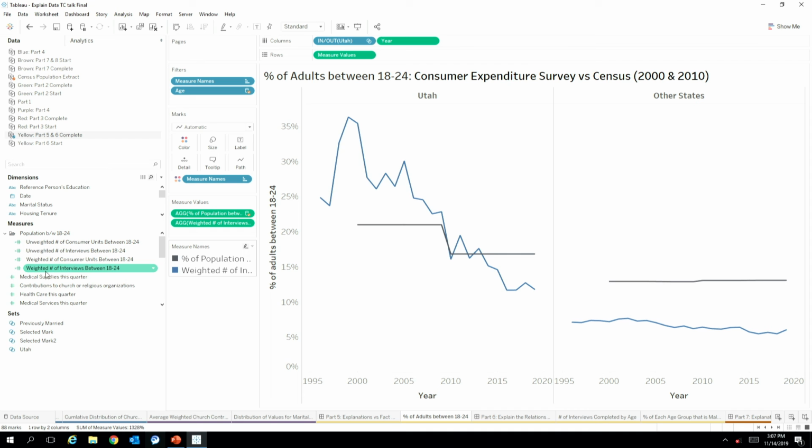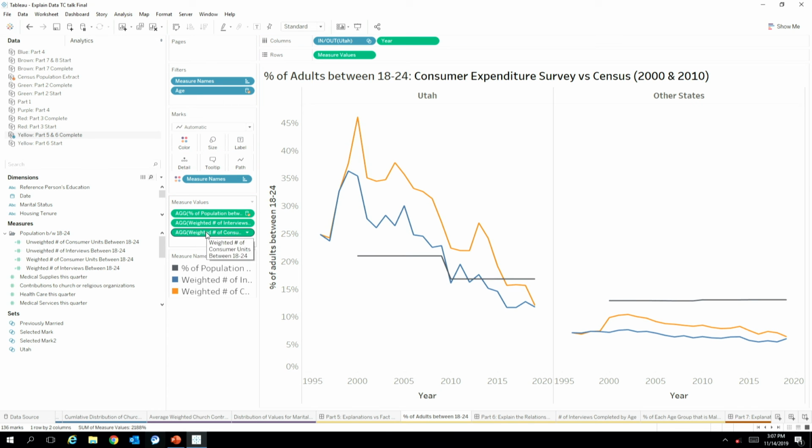The weighted number of households between 18 and 24 is actually even higher, which is bananas. Now it's saying over 45% of households are between the age of 18 and 24.